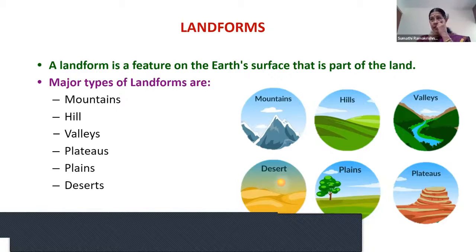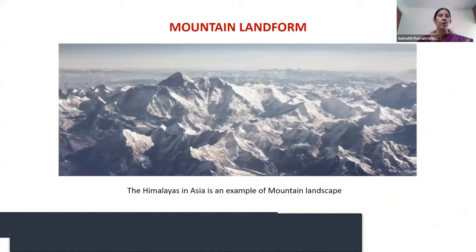Then we can start explaining mountain. So this is the example. Mountain. It's an elevated land with slope on either side. Both the sides there is slope.